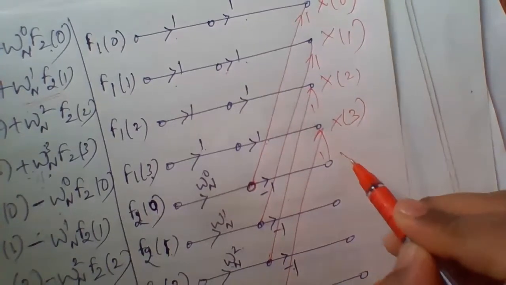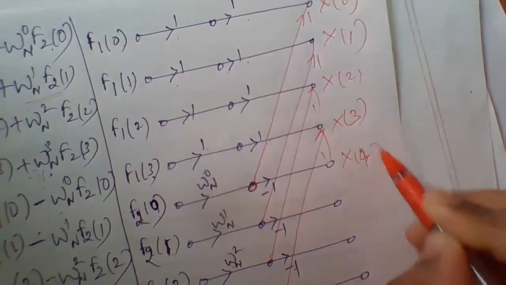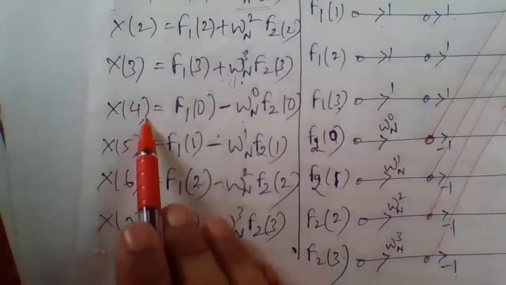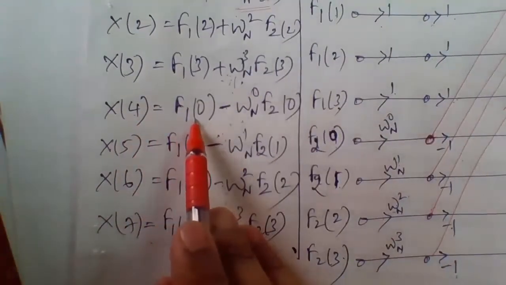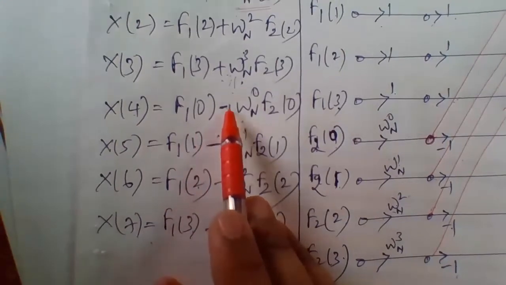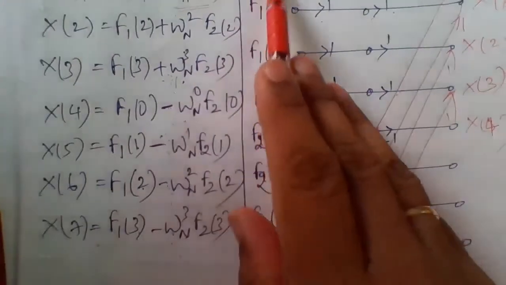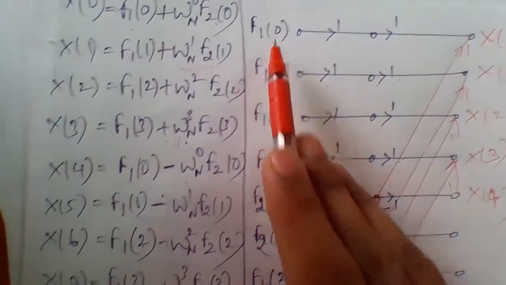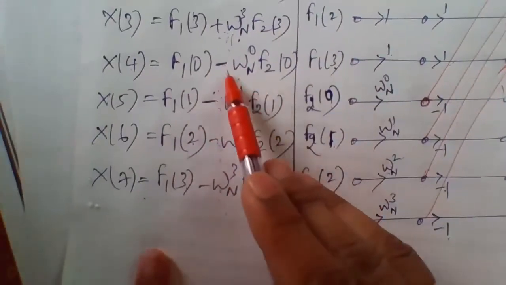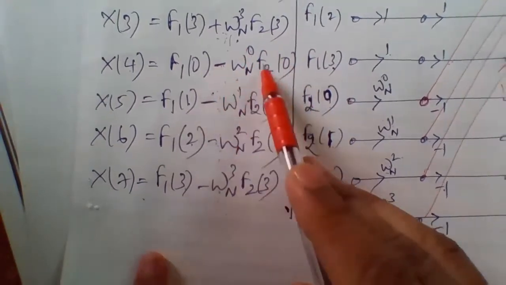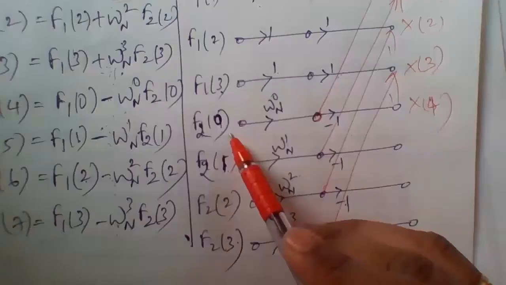So next I have to connect for x of 4. What is x of 4? X of 4 is f1 of 0 minus w raised to 0, f2 of 0. So f1 of 0 is already here, and the product of minus w raised to 0 and f2 of 0 is already here.